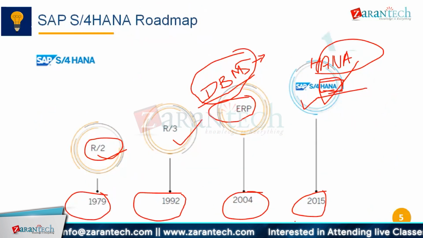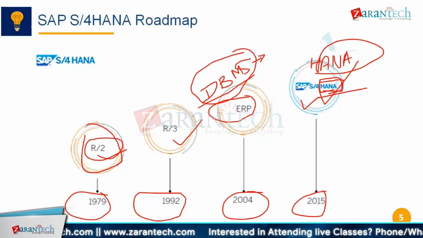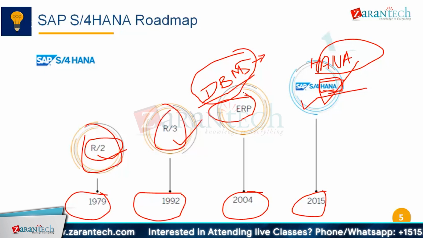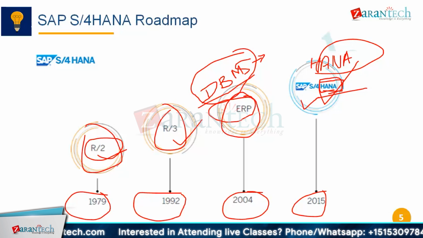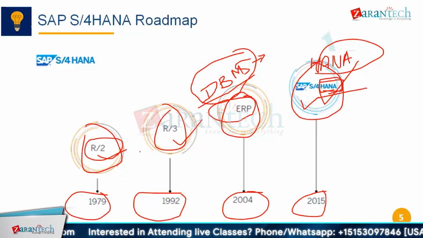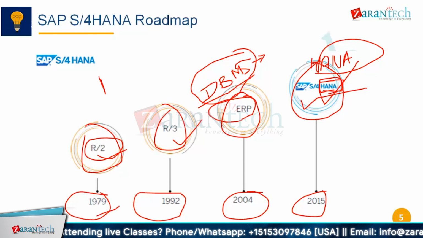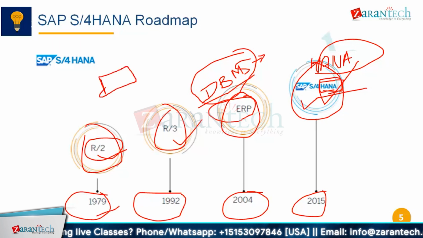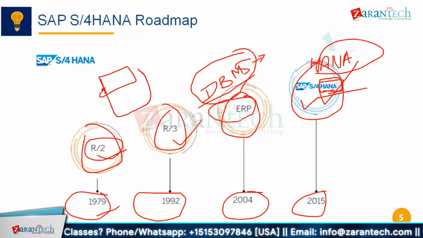So this is the roadmap of SAP S/4HANA. The first version was R2, then they came up with the R3 version, then they introduced the ERP version, then the S/4HANA version. The R2 version was basically launched in 1979. They came up with two layers: one is the presentation layer, and the second one is the application plus database layer.